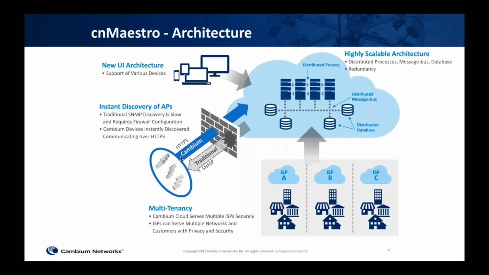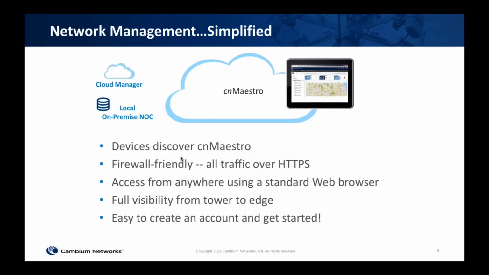So we have scalable databases, scalable message bus. We have scalable everything. So distributed database means you don't have to think how many instances or how many servers you need to run the cloud management infrastructure. You will get it for free from Cambium. So it's very easy and very convenient for you.